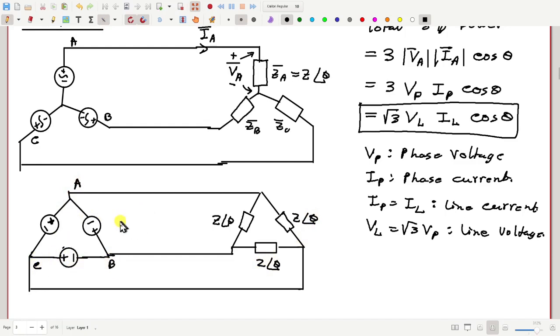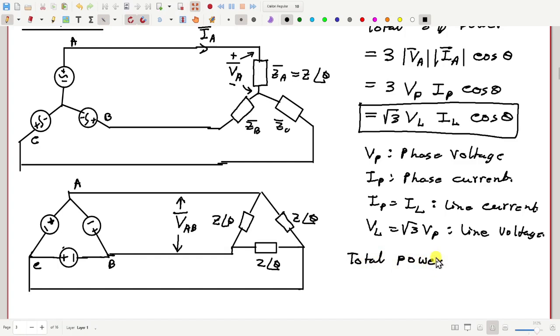How much is the power going from source to load? Total power. Suppose this is VAB. Then how much is the total power?